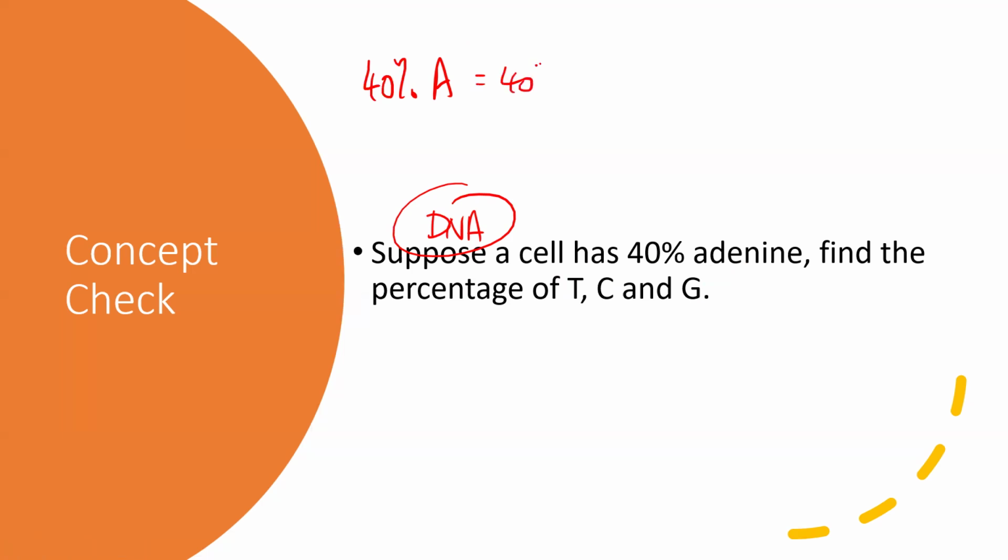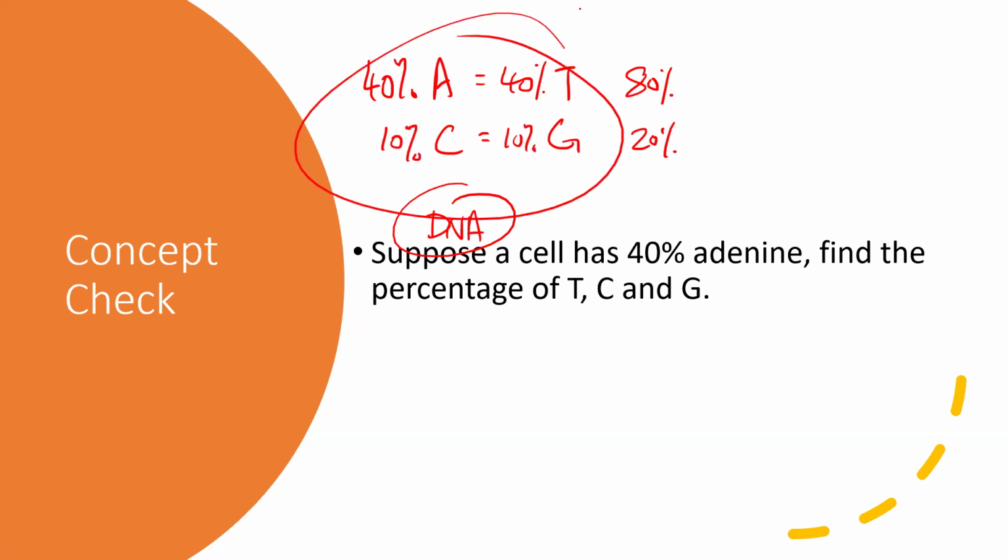So that's going to be 40% as well. 40% A plus 40% T is going to make up 80% of all the nucleotides. So 100% is everything. If you subtract the 80%, you get 20%. And this 20% has to be equally divided between the C's and the G's. So 20 divided by 2 is 10%. So that's how you do it.